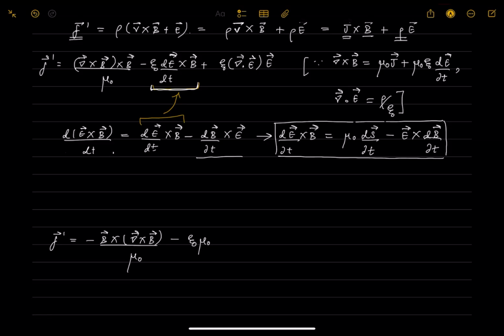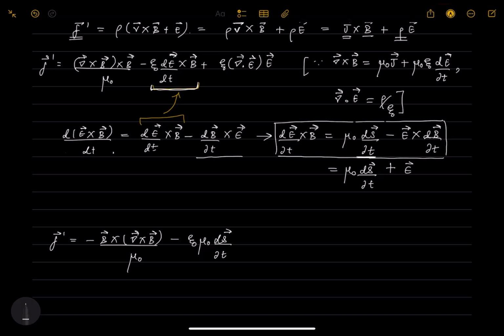All right, the first term is going to be the one with the Poynting vector, of course. The second term can be written in a more illuminating way, right? dS over dt minus, Faraday's law tells us that the negative time derivative of the magnetic field is the curl of the electric field, right?